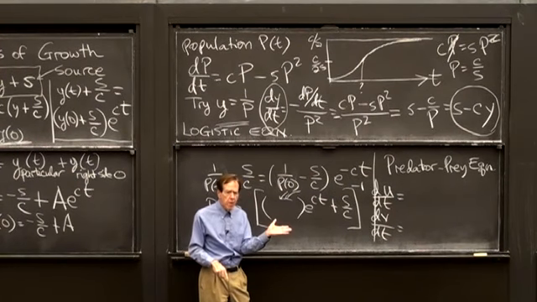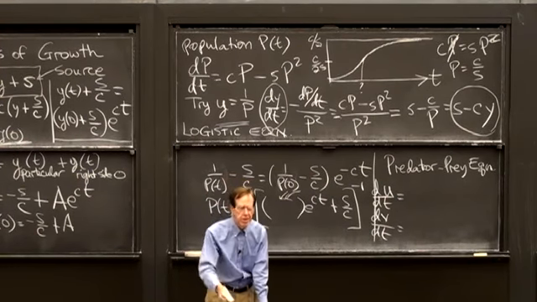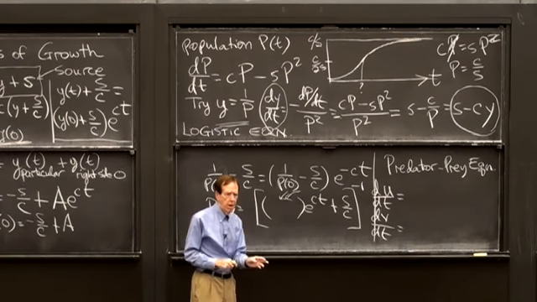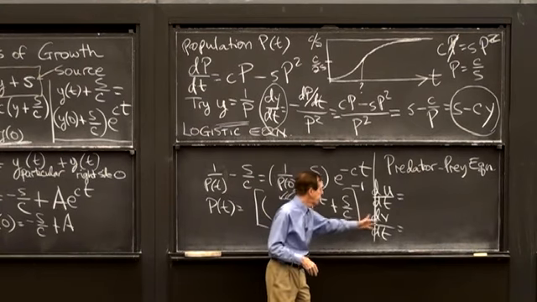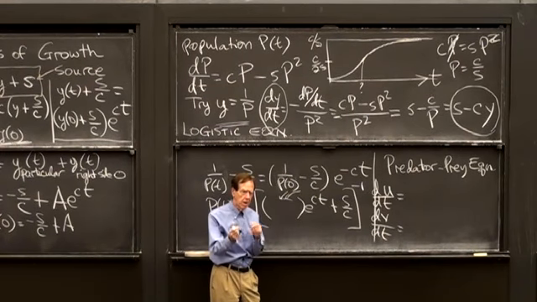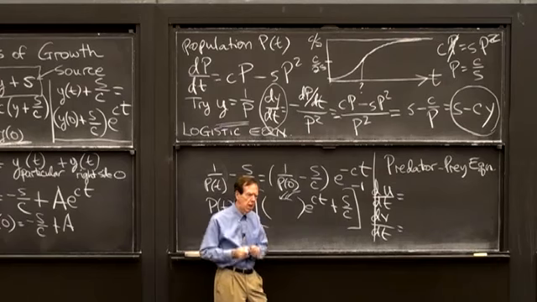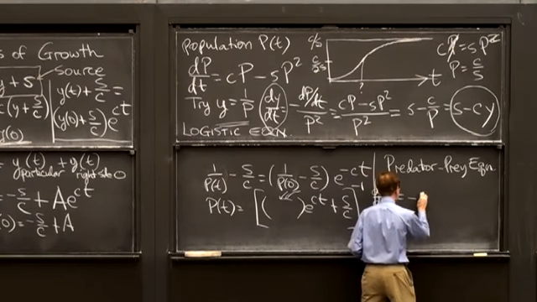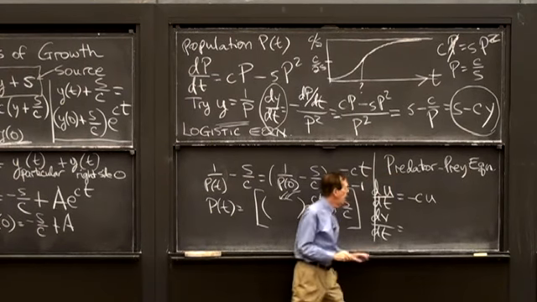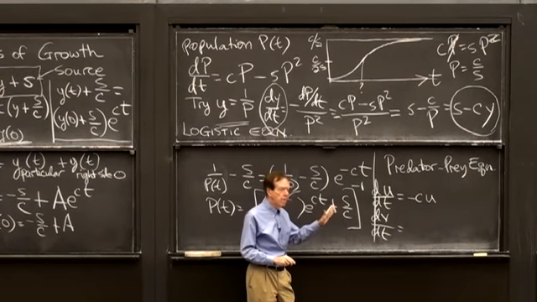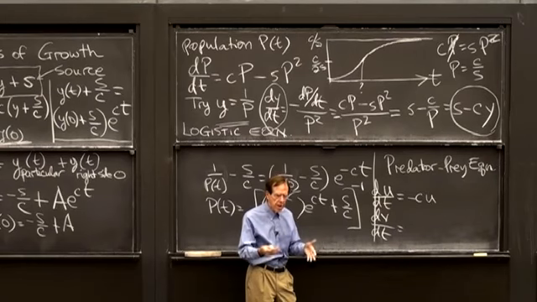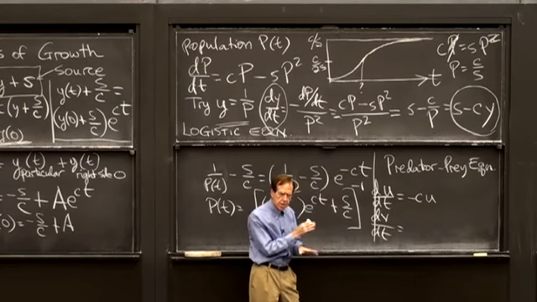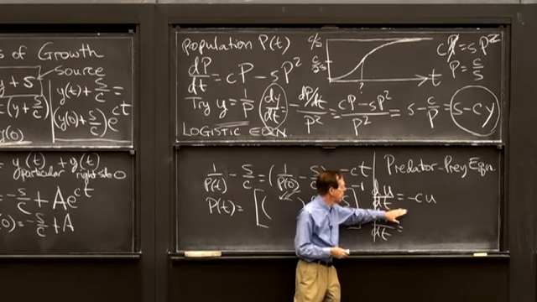Okay, if the predator has nothing to eat, the population of the predator is going to drop. But the more prey that's around, so here we'll have a U times V going positive. So we'll have something like a minus cU as a term that is, if there's nothing to eat, if the prey is all gone, the predator will die out.